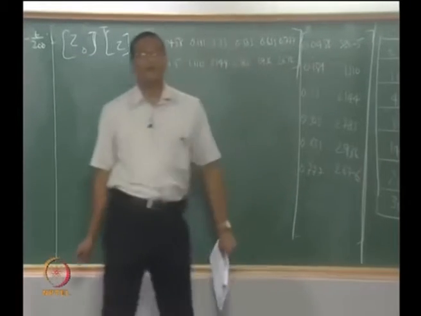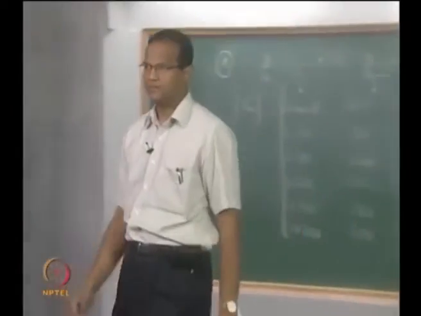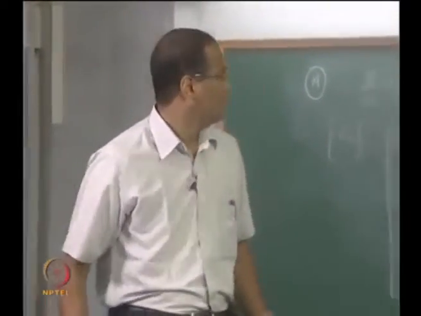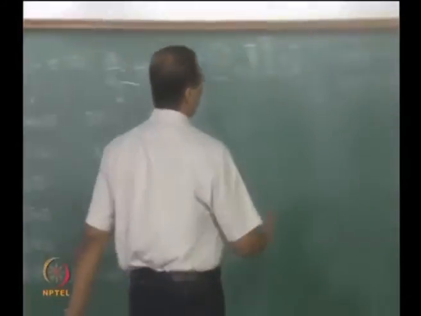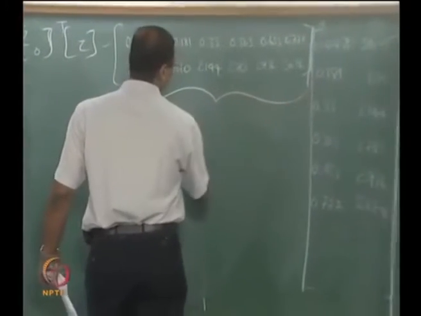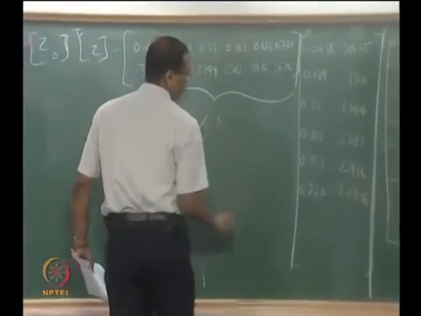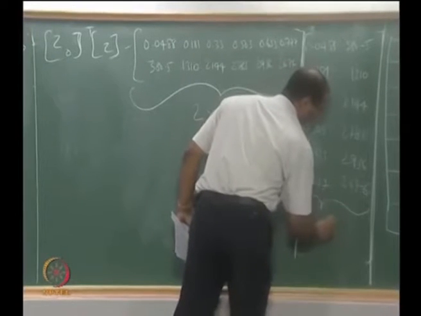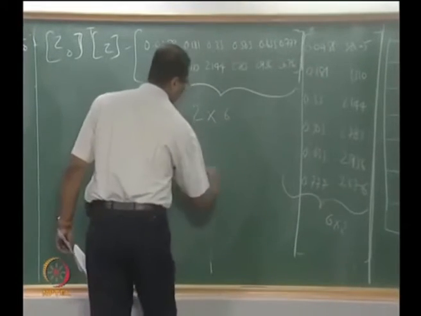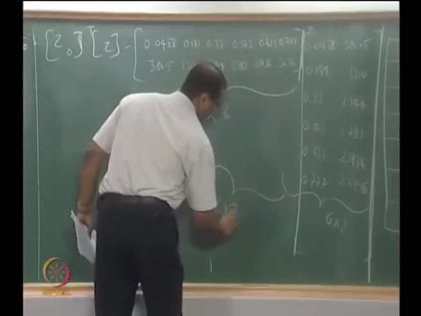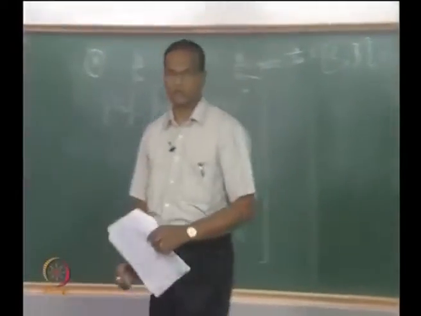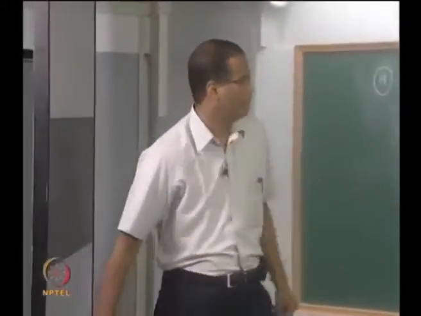Okay, now we have written out z transpose t z. So this is basically a 2 by 2 matrix, alright.